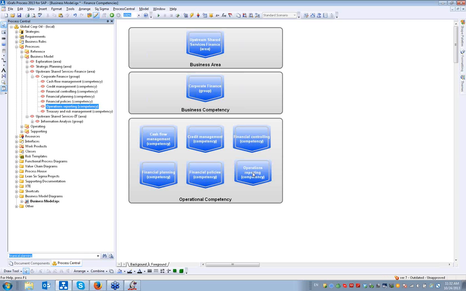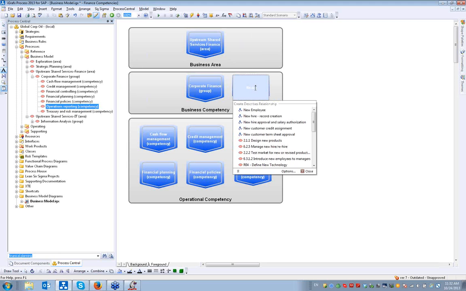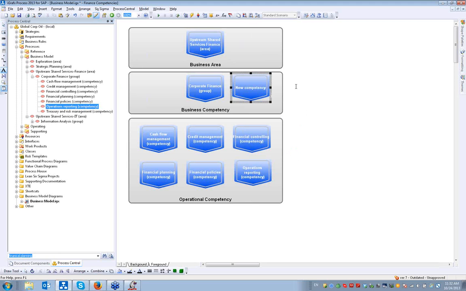That's especially important when you have shared processes and tasks that you want to reuse. If you create a new object on the diagram side, that can also be drag and dropped into the repository in the location desired.